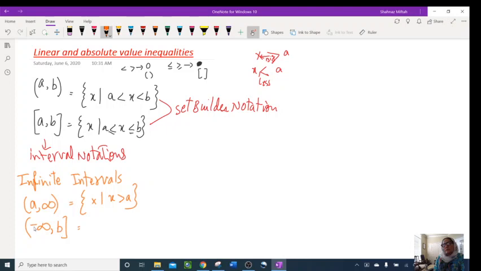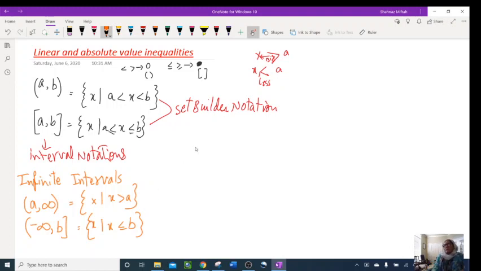There's a closed circle up here, and the set builder notation is going to be the set of all x such that x is less than or equal to b. So everything is going to be less than or equal to b. Do you see this equal sign in less than or equal? That's why it's closed. It's closed in an interval, or you can say it's a closed circle, and closed circle means brackets. So just pay attention to that.